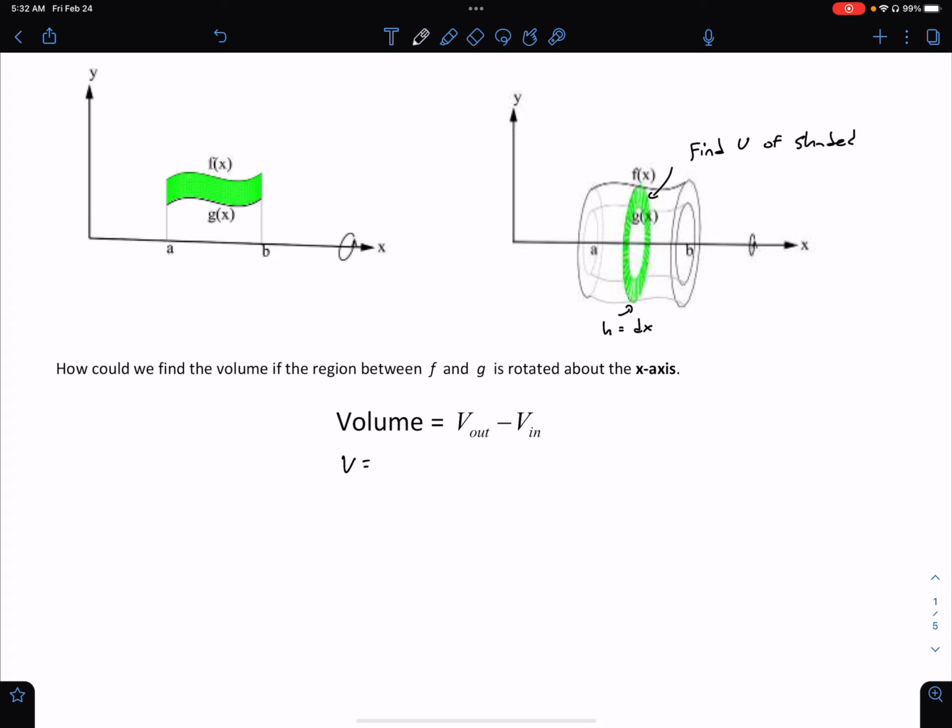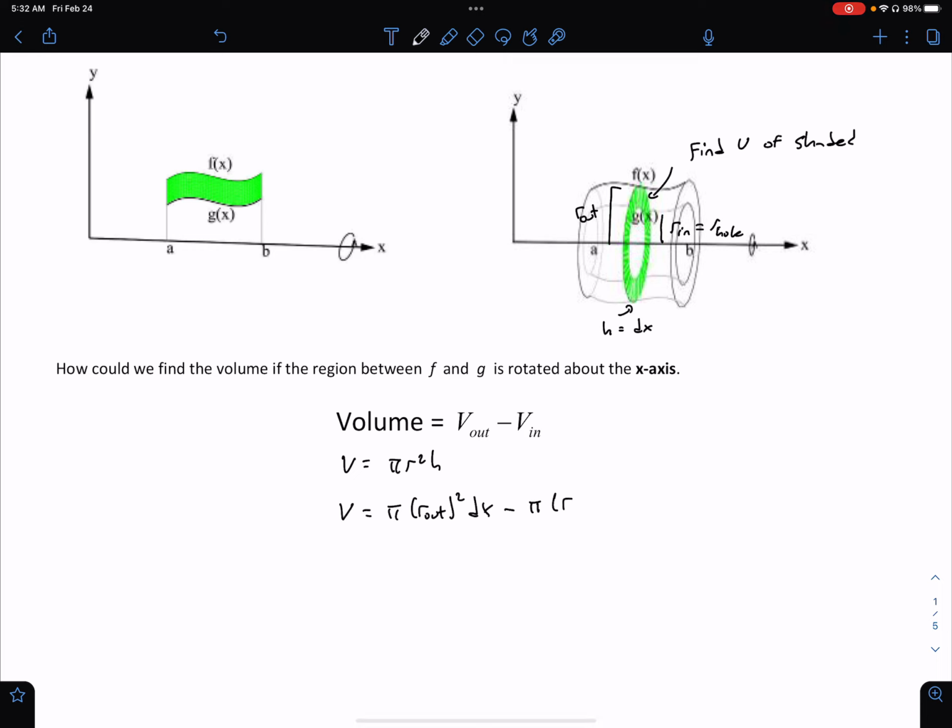So we can actually write this. To get the volume, remember volume yesterday was pi r squared h. What we want to do is get pi times the radius of our outside, there's the radius of my outside right up here, squared dx, because that's what h is, minus pi times the radius of my inside, sometimes called the radius of the hole, right here.